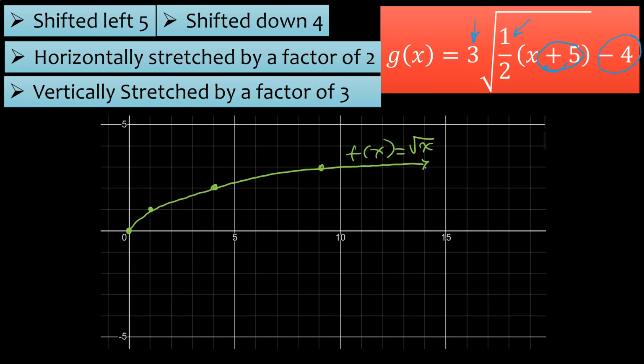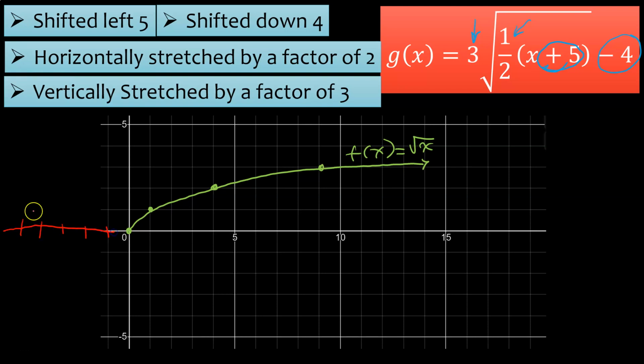Okay, now the new graph is going to be going to the left 5, left 5, down 4. Oopsie, I didn't leave enough room. Left 1, 2, 3, 4, 5.